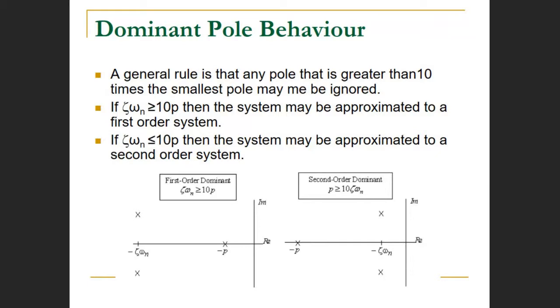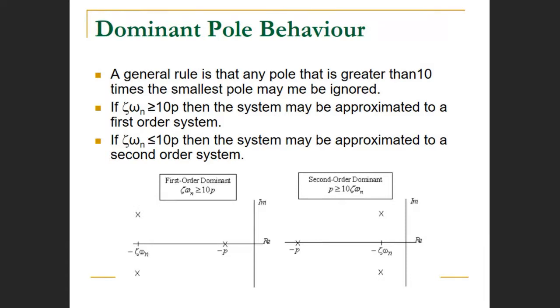When we speak about being 10 times, we're talking about the real part of the pole. Now, if zeta omega is greater than 10p, then the system may be approximated to a first order system. If zeta omega is less than 10p, then the system may be approximated to a second order system.